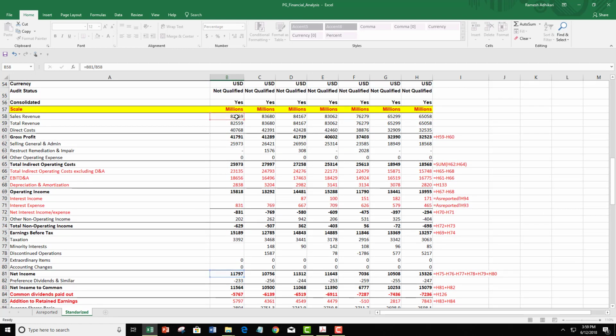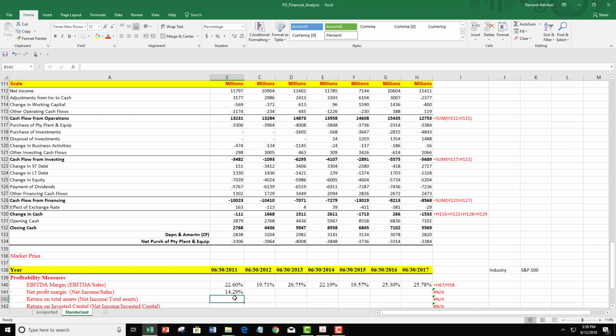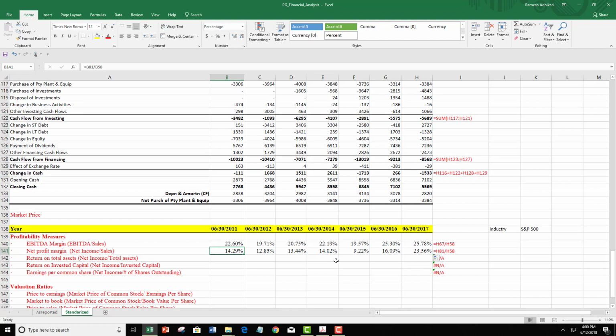That gives me my net profit margin, which is net income over sales. Again, I can grab this little square box and drag it to the right. Boom, done. That is net profit margin. You can see what is happening over the period, and you can explain whether the company is doing better, almost the same, or getting worse.